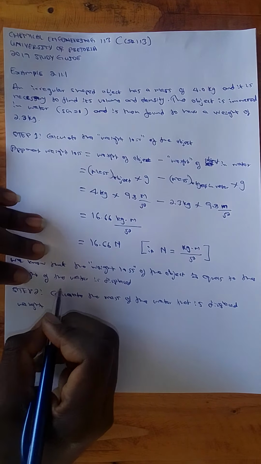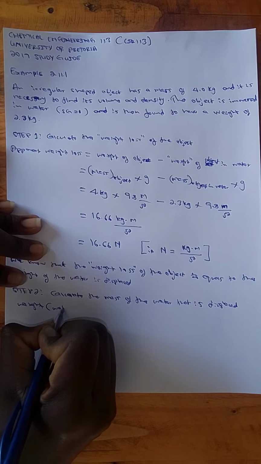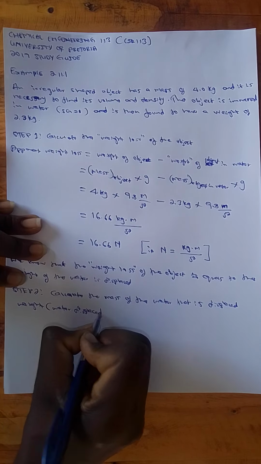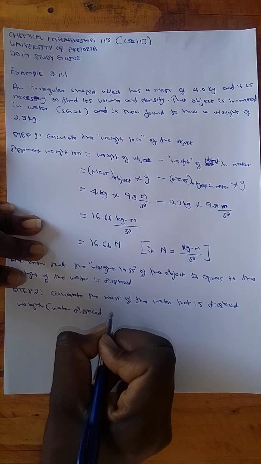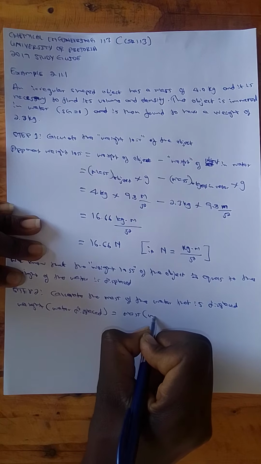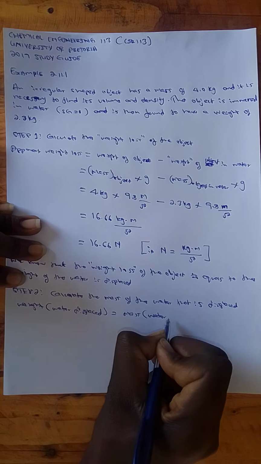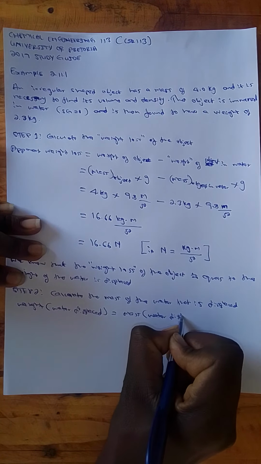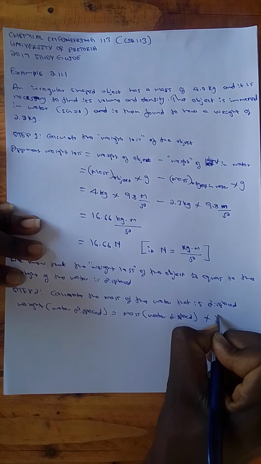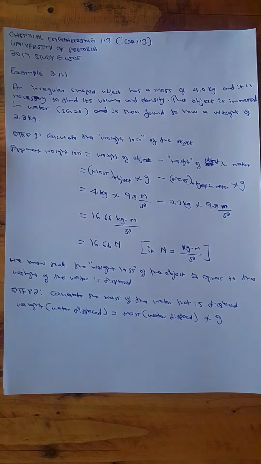So the weight of the water displaced equals the mass of the water displaced multiplied by g, our gravitational constant.